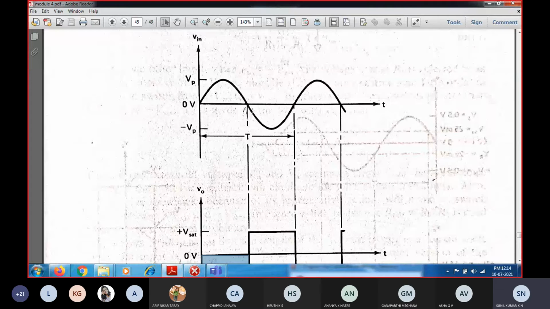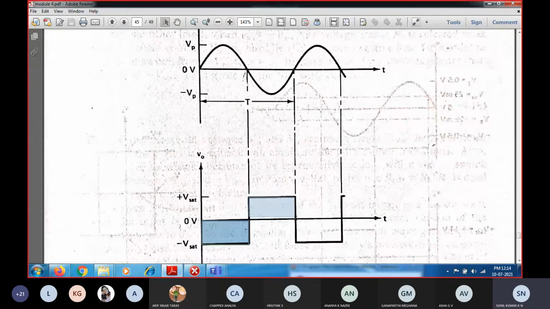And whenever the input crosses 0 and exceeds the value in the negative direction, the reference 0 voltage is again greater than the inverting input, so we get the output saturated in the positive direction. So this is positive saturation and negative saturation.